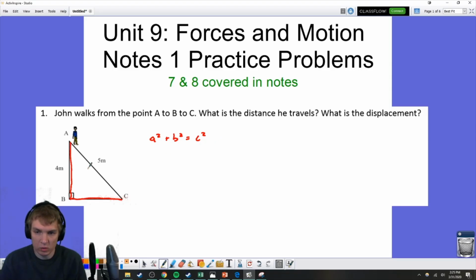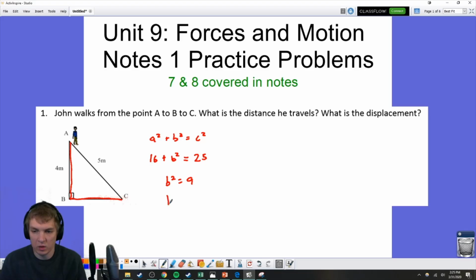Let's say this is a squared, so that's 4 squared, that's 16, plus b squared, let's say this is b right here, is equal to c squared. And c always has to be the hypotenuse, so in this case that's going to be 25, because 5 squared is 25. Well, we know that b squared, therefore, is equal to 9.